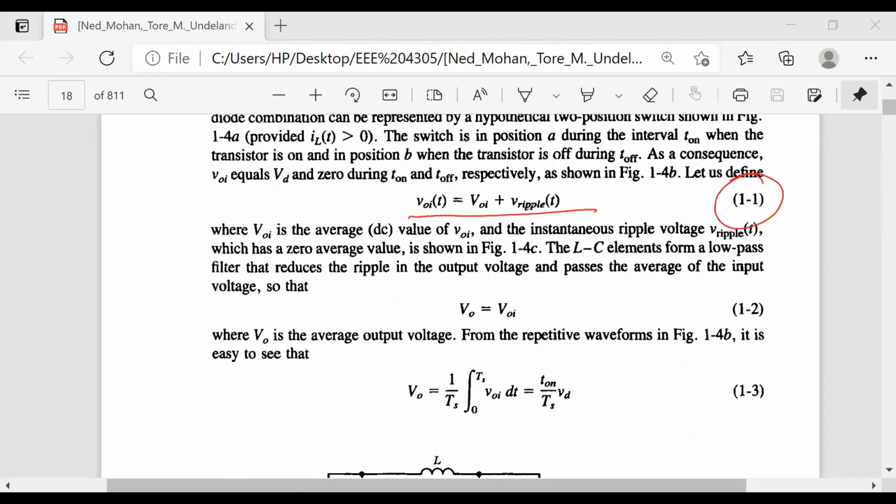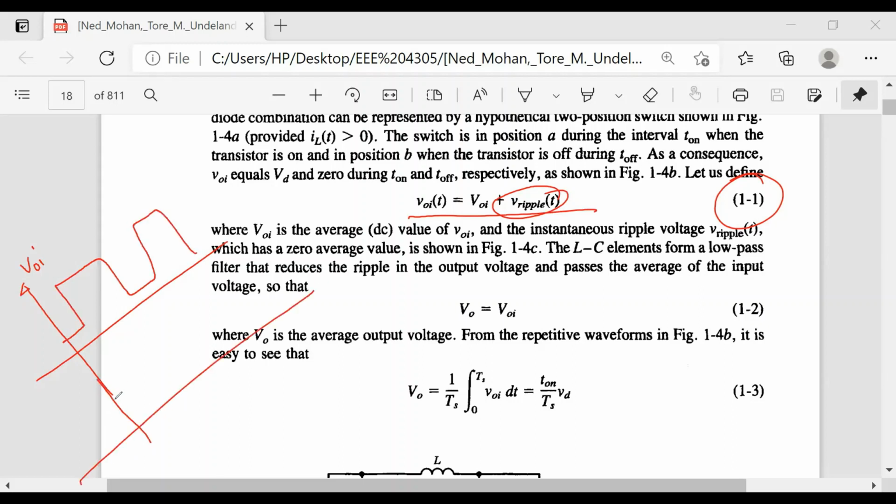So it has a DC voltage as well as ripple voltage. So the V0I will be like this. The ripple voltage has an AC like thing, and also this voltage will be DC voltage, fully DC, that has been shown in your figure.